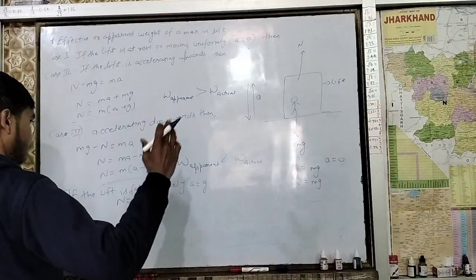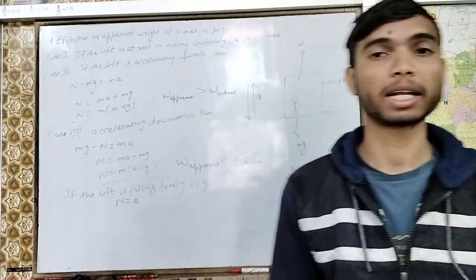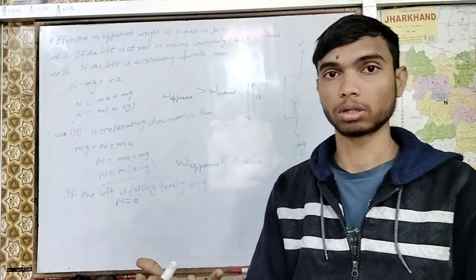If a is more than g, the value of g is what? 10. But sometimes we can have a value of a more than g.